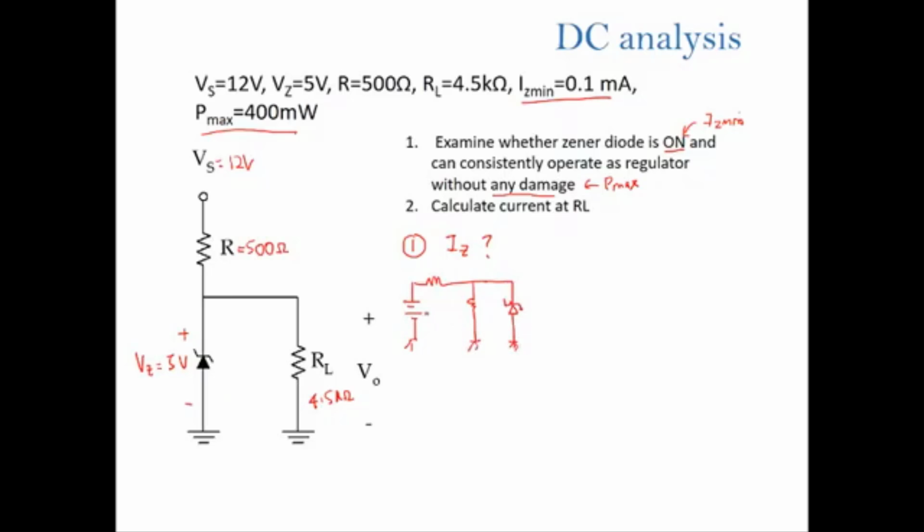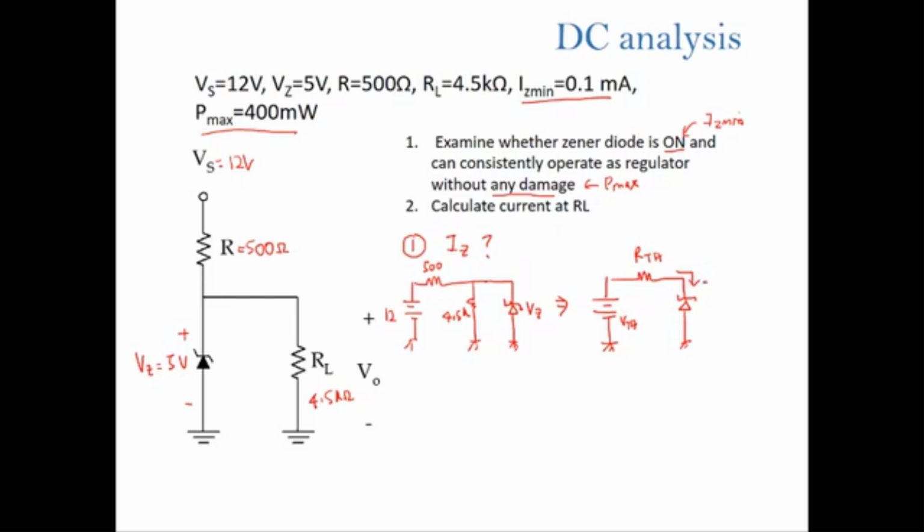This is 12 volt, this is 500, this is 4.5k, this is the Zener diode Vz. It can be further simplified using Thevenin. When you use Thevenin, you will only have VThevenin and RThevenin.